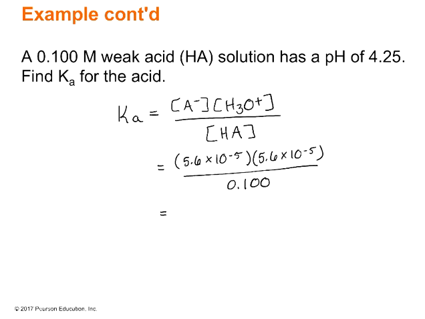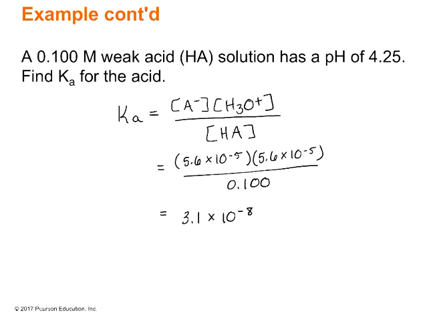So once we plug all of that in, you should get a value of 3.1 times 10 to the negative 8th. So double check in your calculator that you got the same thing. And again, you always want to check that your answer makes sense.